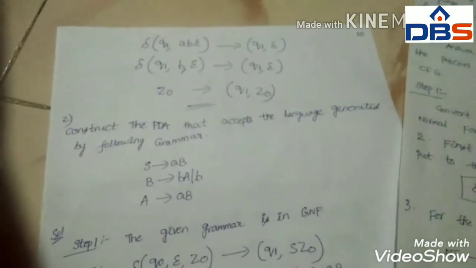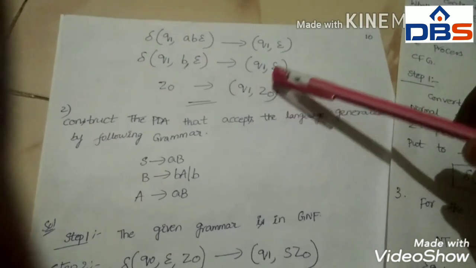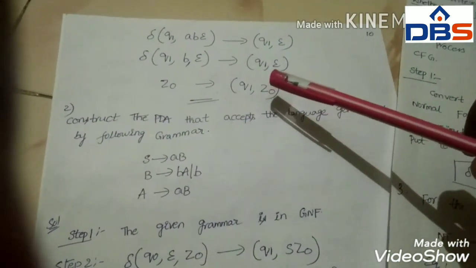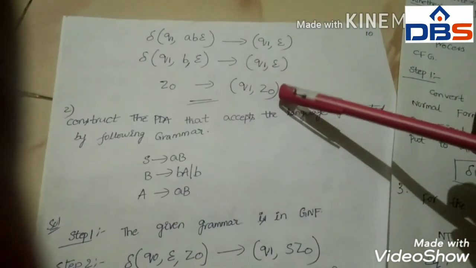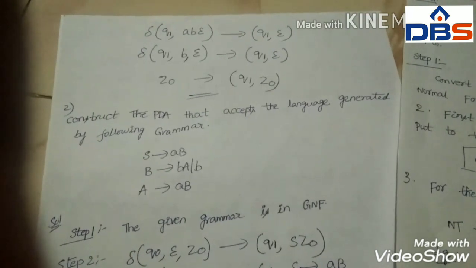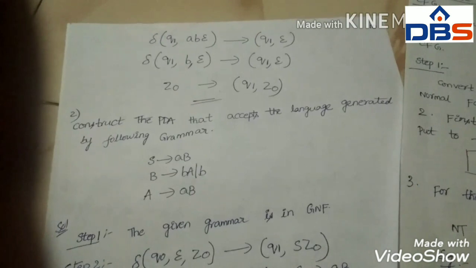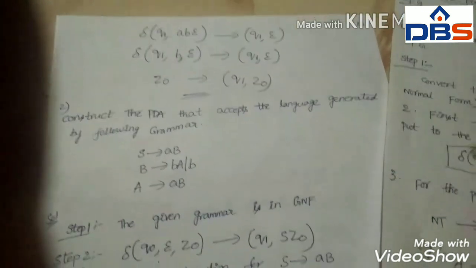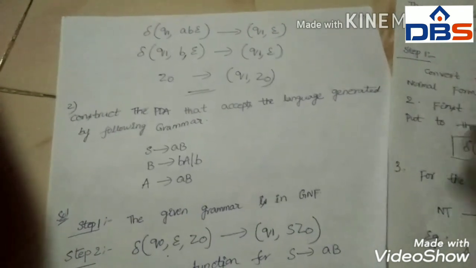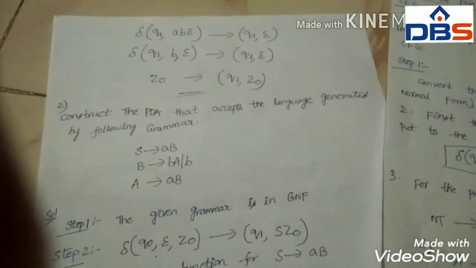Here delta of q1, b, epsilon goes to q1, epsilon. Here Z0 tends to q1, Z0. From this, accepted by the final state and accepted by the empty stack, so the given string is accepted by the pushdown automata. Next class, we will see how to get the equivalence of PDA to CFG. Thank you.